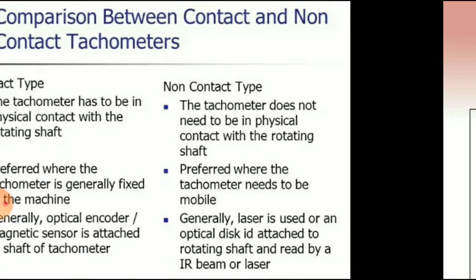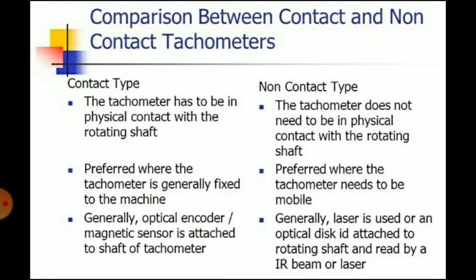Before that, we will see the comparison between contact and non-contact tachometers. In a contact type, the tachometer has to be in physical contact with the rotating shaft. And in non-contact type, there is no physical contact of the tachometer with the shaft. Contact type is preferred where the tachometer is generally fixed to the machine.